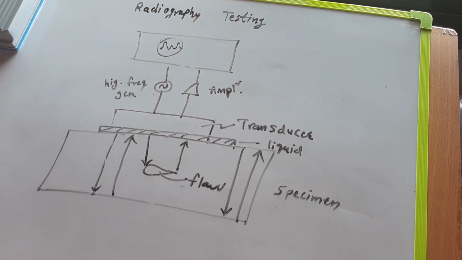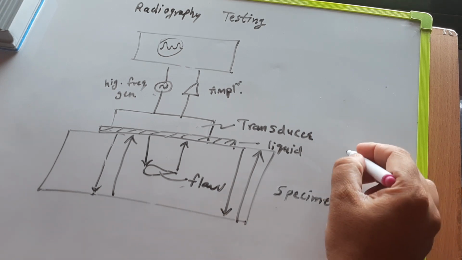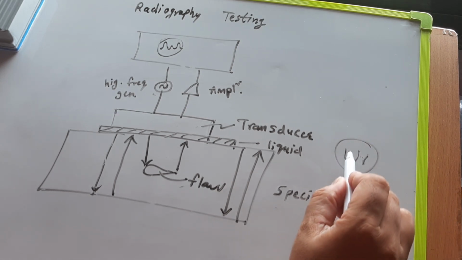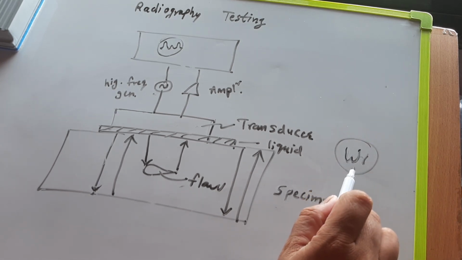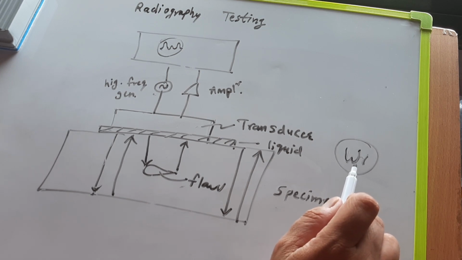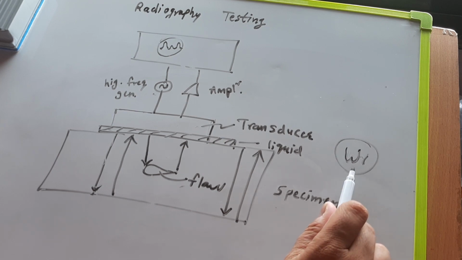Please draw this diagram, you can pause this, and now that you have drawn this diagram, please write some of the important lines. Write it down. Ultrasonic pulse is produced by exciting the transducer from the signal generator.